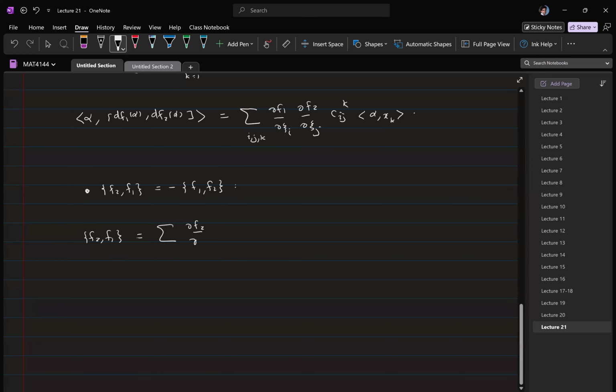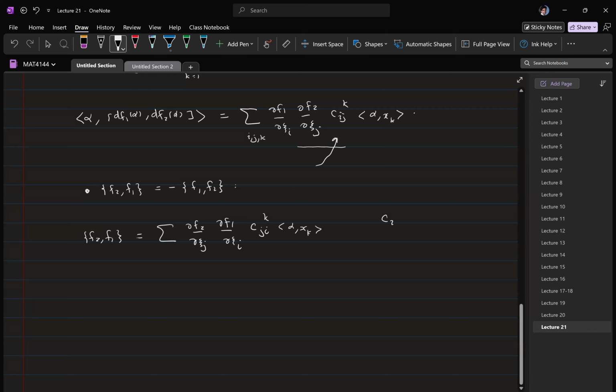So I just can put dxj, and then I get df1 dxi, and then here I should put Cjik alpha xk. And now this is exactly the one I had before, except that instead of Cijk, now I have Cjik.